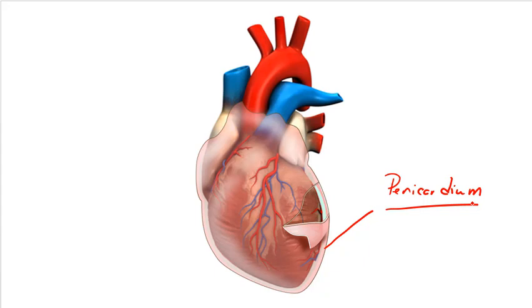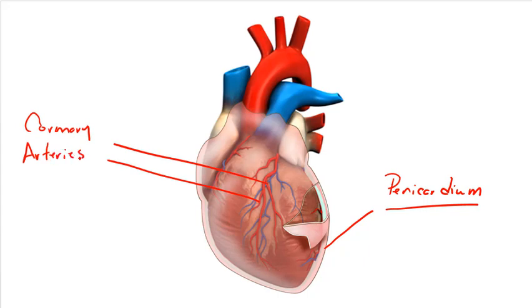The coronary arteries are these blood vessels covering the outside of the heart. They deliver blood and oxygen to the heart muscle itself, and they can sometimes become blocked, leading to what lay people call a heart attack. One more term you might hear is apex. That just describes this point at the bottom of the heart.